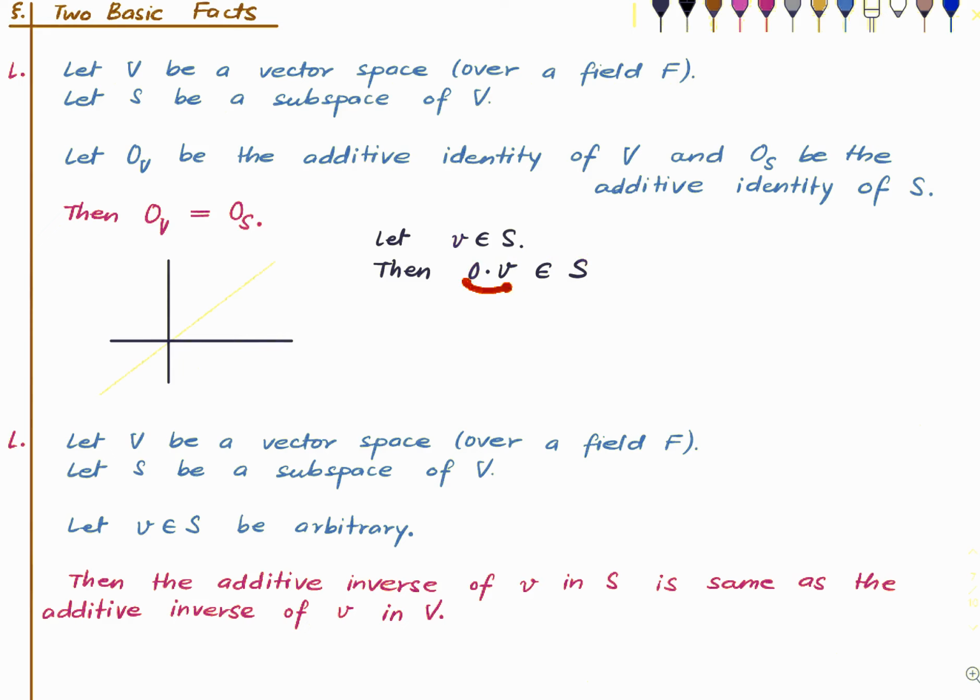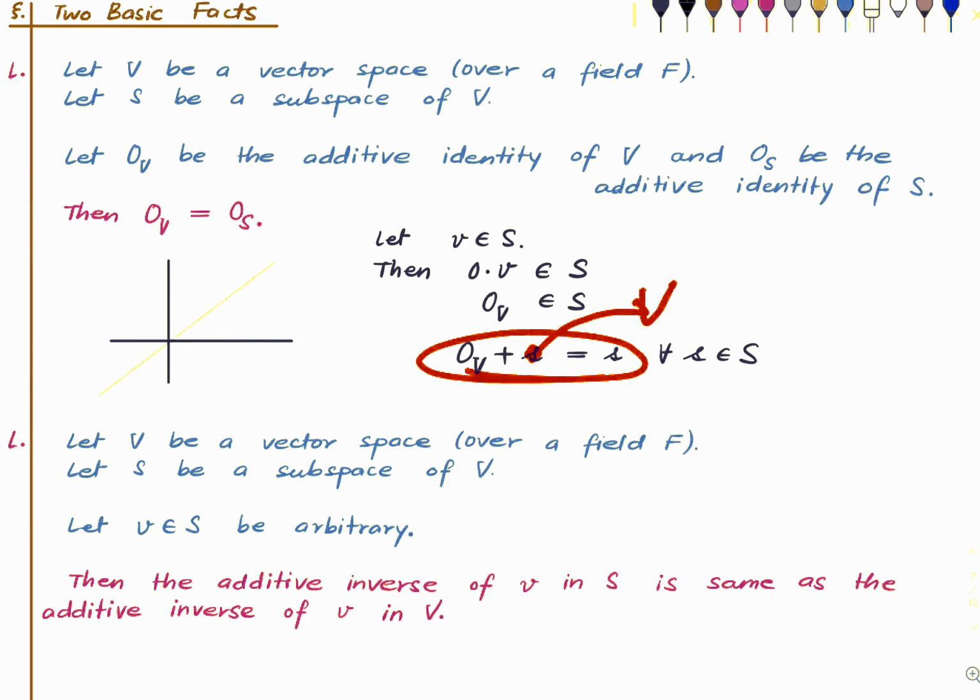But what is this? After all, this scaling is happening in the parent space. So this has to be the additive identity of the vector space V. So at the very least, the additive identity of the parent space lies in the subspace. But it is clear that this behaves as the additive identity of S also, because clearly this plus s is equal to s for all s in S, because this equation is true for all s in the parent.